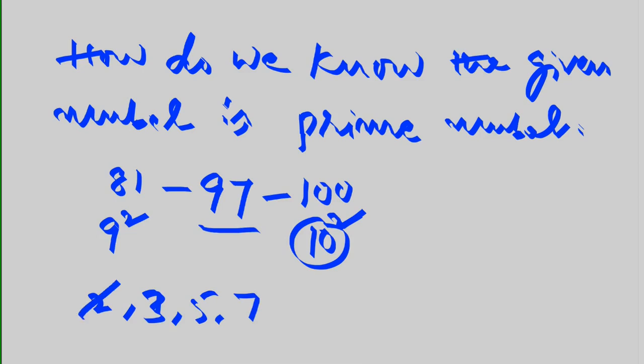Yes, by 2 it is not divisible because the last number is 7. And for 3, 9 plus 7 is 16, so it is not divisible. And for 5, the last number must be 0 or 5, not divisible.